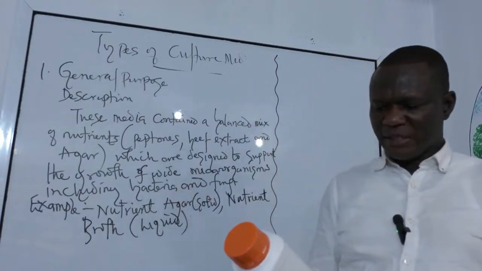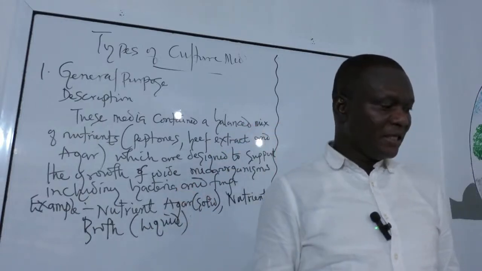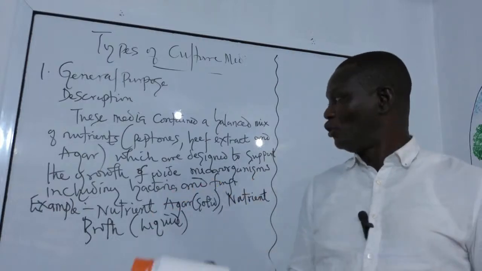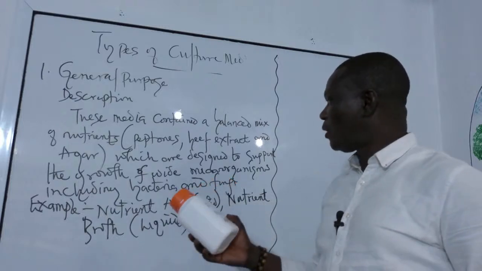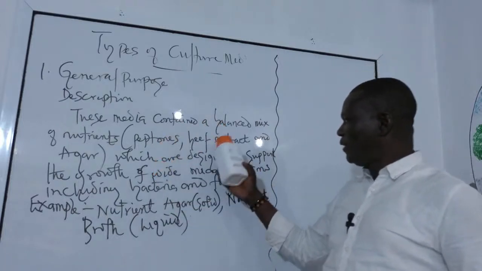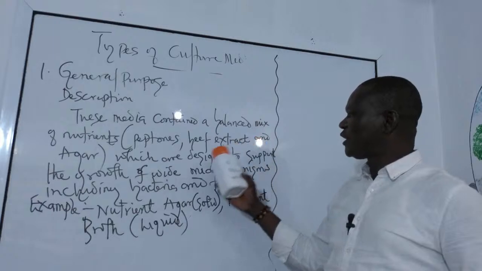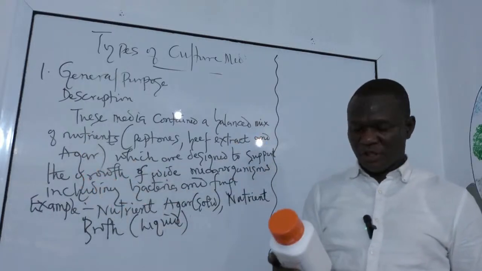If you look at the components, you will see that this one contains peptone. Peptone is going to be the source of protein. Beef extracts, and agar, which is the solidifying agent.